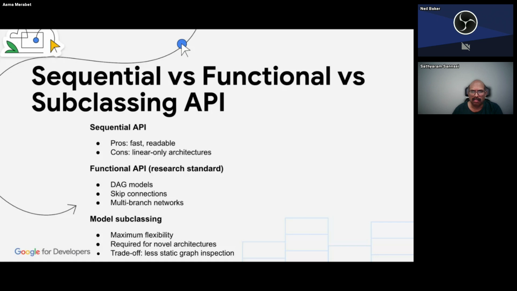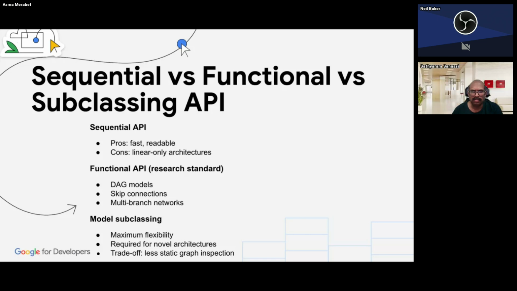And the last one is model subclassing. This is for customized, novel architectures that don't fit standard patterns. We can subclass the model and override the call method, and this gives complete control.